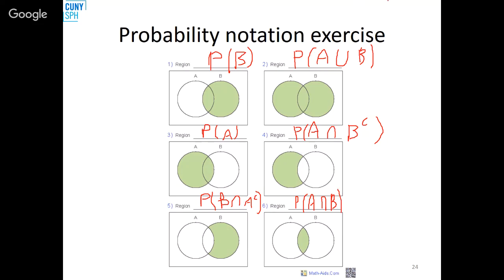Like if you want to talk about, let's see, the probability of A and B would be like, let's say, the probability of a true positive, when you don't know in advance whether someone has the disease or what their test outcome will be.